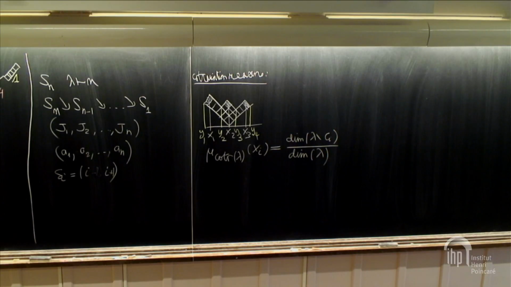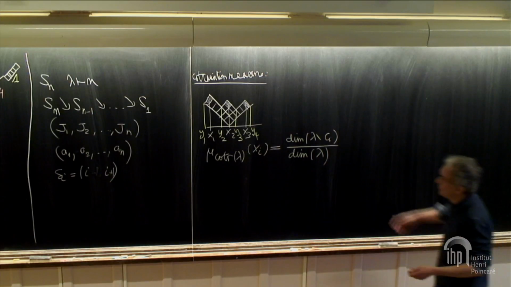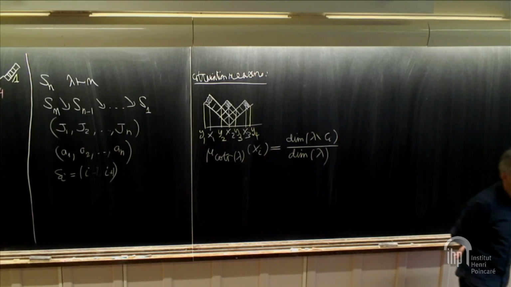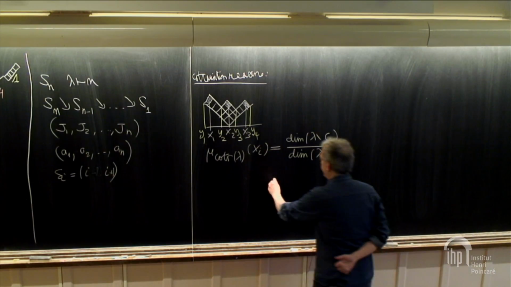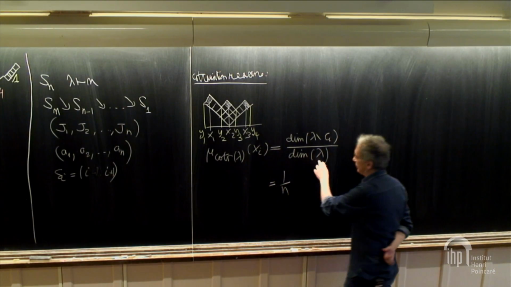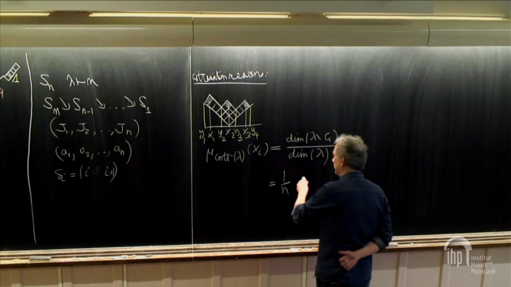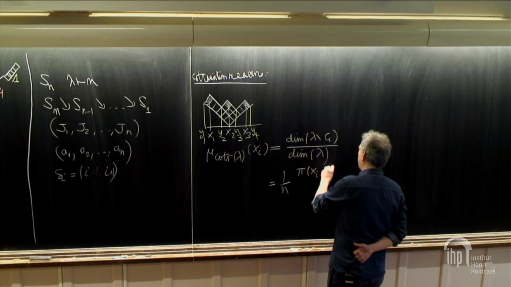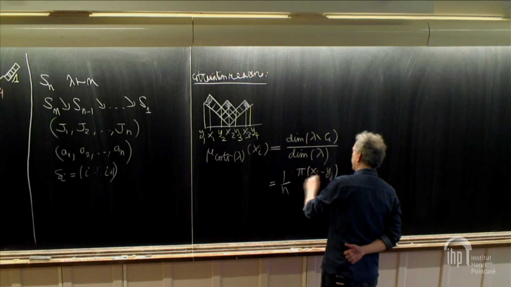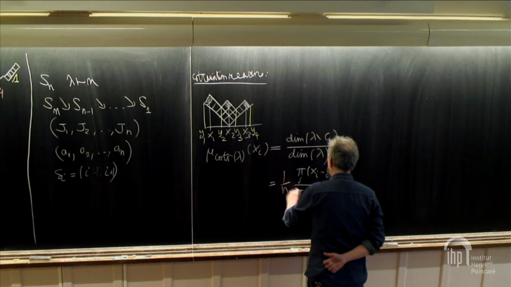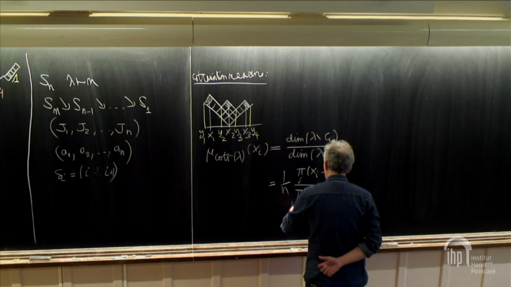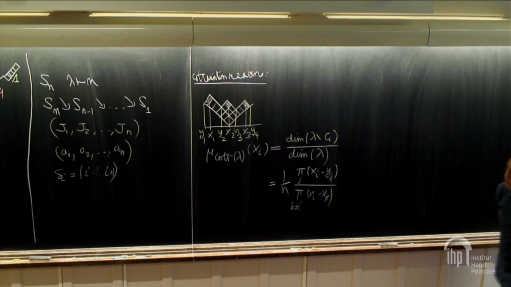So you have either the boxes that you can erase, which are the corners, or the boxes that you can add to get a new partition, which are indexed by these numbers y, and the formula was that this is equal to 1 over n, where n is the size of the partition, the number of boxes, times the product of the x_i minus y_j, product over j, divided by the product over k. So this was the formula.